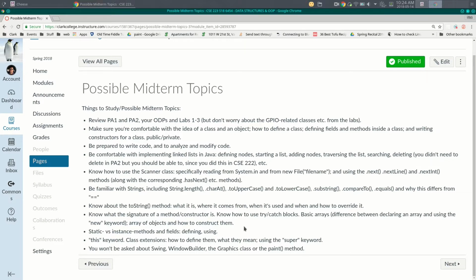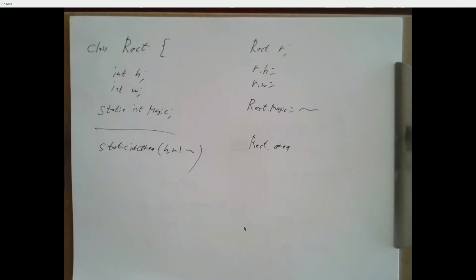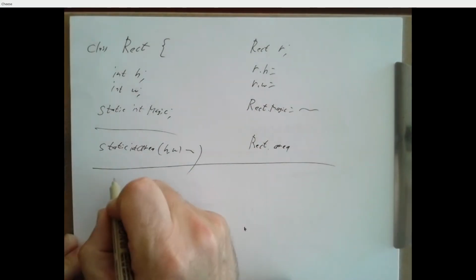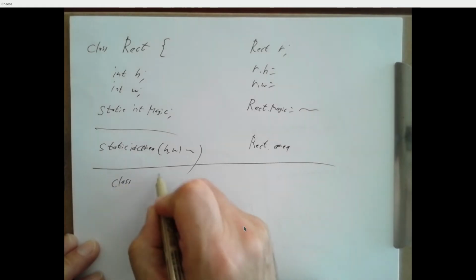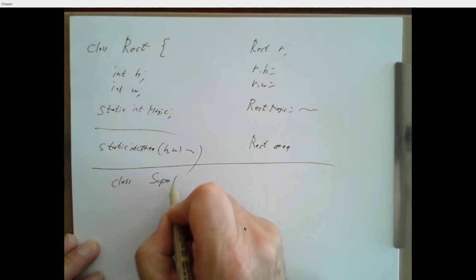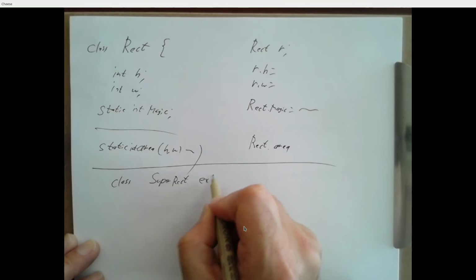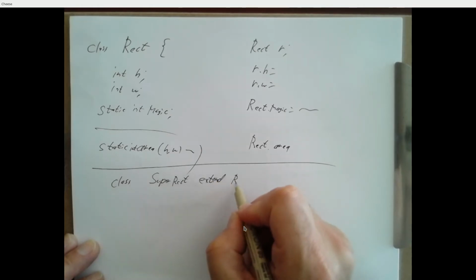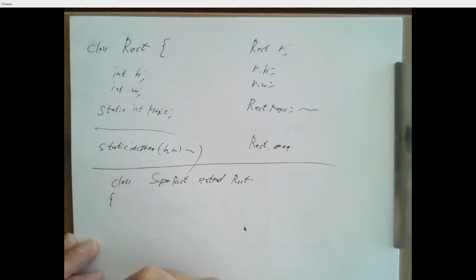But we use it more when we do class extensions. So if you say class SuperRect extends Rect, we're making a new class of rectangles called SuperRect, and when we say extends Rect, it's got all the methods and all the fields from the rectangle class.